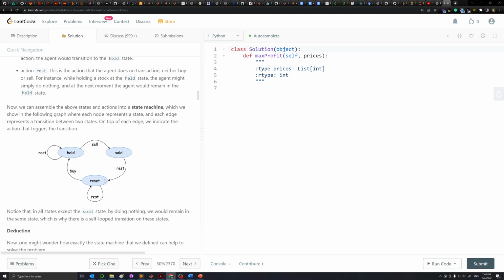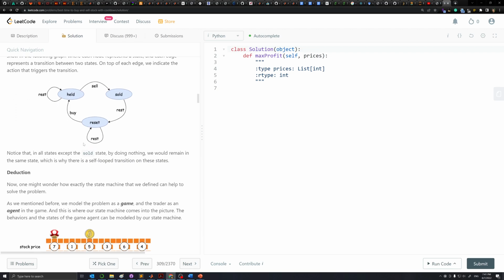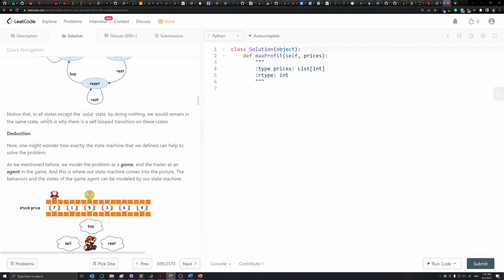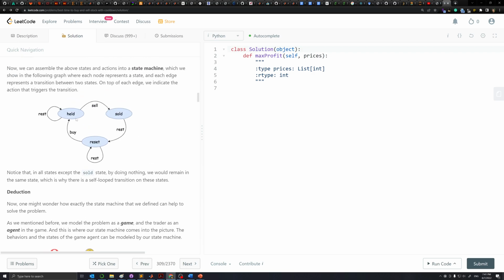Your next action is definitely going to lead you to reset. And then if you're in held and you rest, you can still be in held. So this is a nice state machine representation. Notice that in all states except for the sold state, by doing nothing, we would remain in the same state, which is why there's a self loop transition.